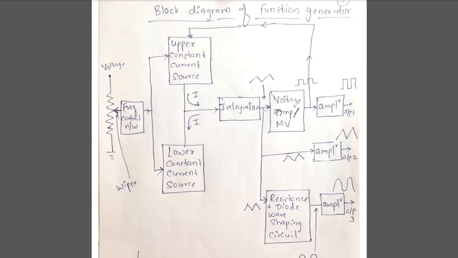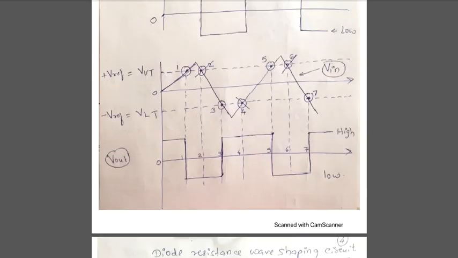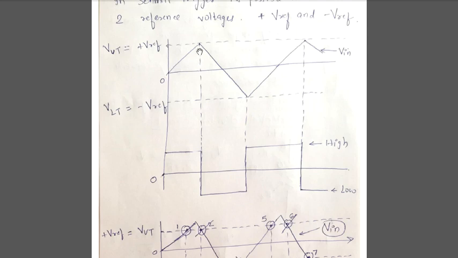Because in this multivibrator, or in this Schmitt trigger, we have already set some plus V reference and minus V reference. So the ascending voltage at the integrator output keeps on going higher, but the moment it reaches the plus V reference value set in the Schmitt trigger, the output of the Schmitt trigger should go low.